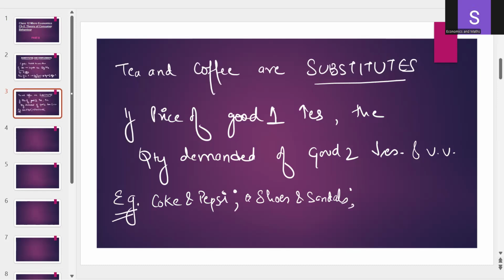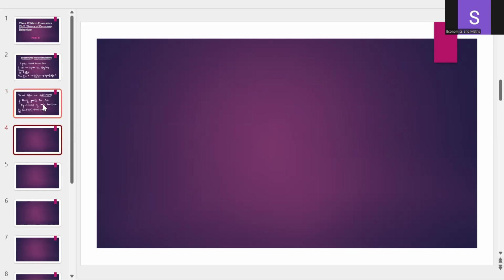There are many such examples. So there's a very interesting relation that exists between two goods, in such a way that if one good becomes cheaper, the demand for the other good falls, because the goods depend on each other. That's one type of such goods.